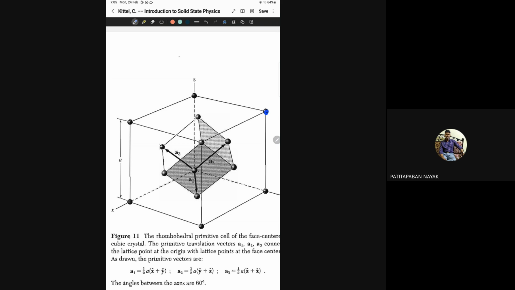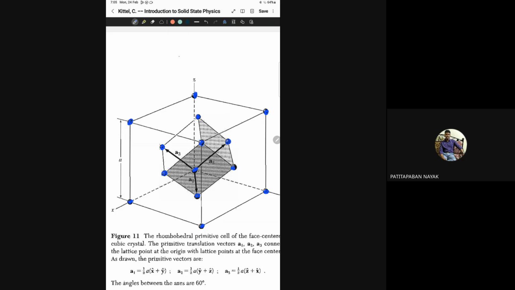You have one atom over here, another here, another here, another here, and one here, here, here, and here. So 8 corners, 8 atoms, and then you have 6 face-centered atoms: one on the top face, bottom face, left face, right face, front face, and back face.